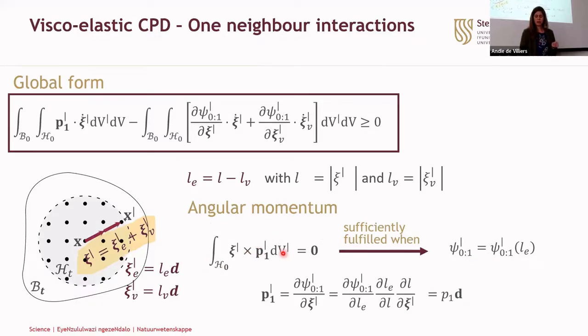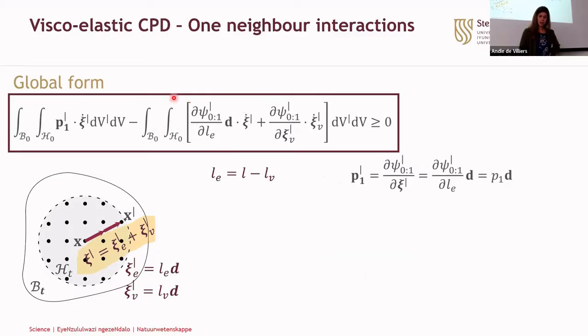You can write my force density vector using the constitutive equation and the chain rule. And we can now write it in terms of a value that's dependent on this derivative with respect to the length of E, which is nice because this is a function of the length of the elastic part and the direction.